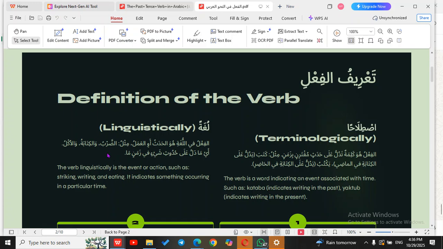Mislu ad-darbu wal kitaba wal akilu ay ma dalla ala udus shay'in fi zamanin ma, such as striking, writing, eating, and so on and so forth. All this, it indicates something occurring in a particular time.